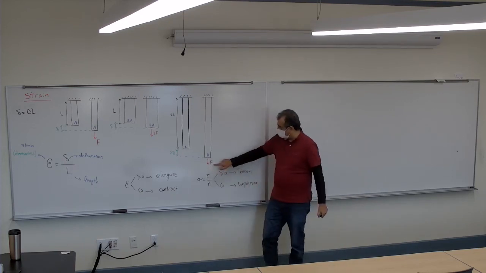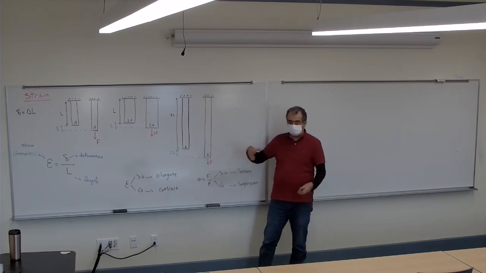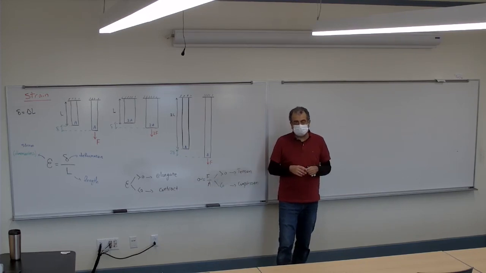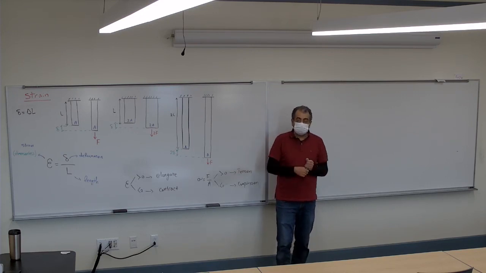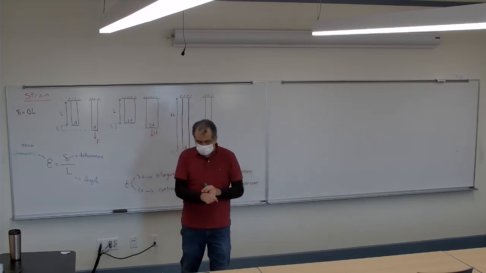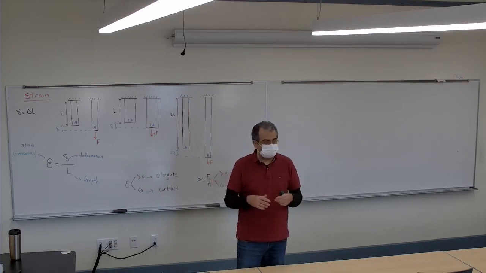If I have the force, I can calculate the amount of stress on that element. If I can calculate the stress, how can I calculate the deformation from there? Or vice versa: if I know how much deformation my member has, I can find out how much stress was applied to get that deformation.